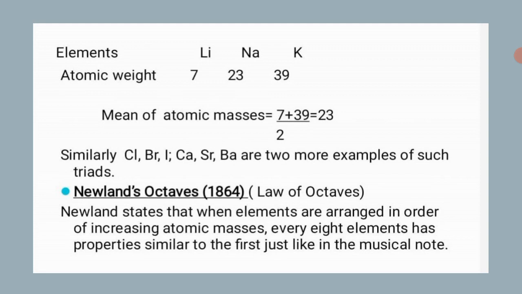Newlands' octaves. In 1864, Newlands stated that when elements are arranged in order of increasing atomic masses, every eighth element has properties similar to the first, just like a musical note.